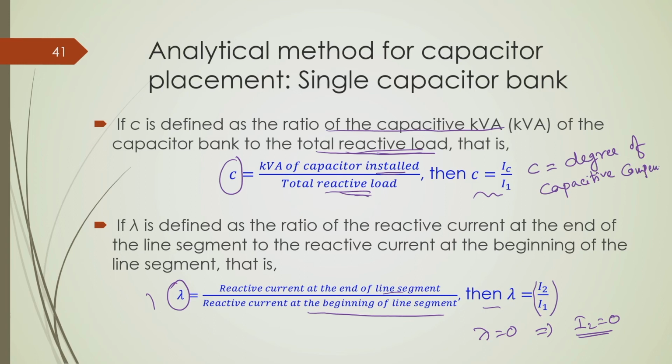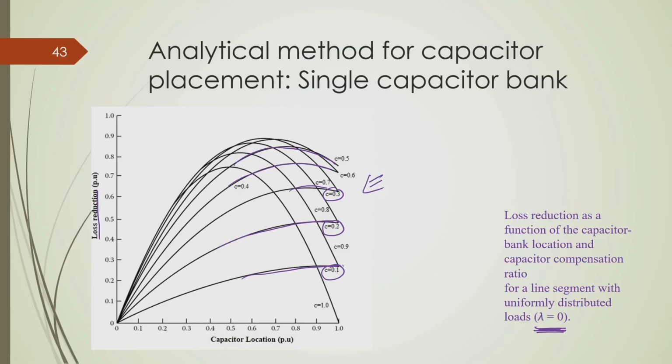If C is equal to 0, that means there is no compensation, and if C is equal to 1, that means you are providing 100% compensation, that means 100% reactive power is compensated. So, if C is increased, the loss reduction will also increase up to a certain value, when C is equal to 0.5.